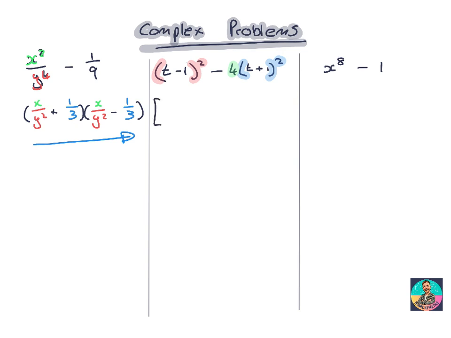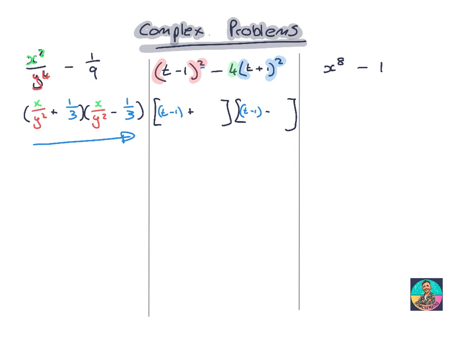So what I'm going to do is I'm going to use square brackets just to help us. And so I'm going to say, okay, there's a t minus 1. I've got 2 of them. So I'm going to put 1 in each bracket. That solves that problem. Then on to the next term. Do not forget that we have that minus.